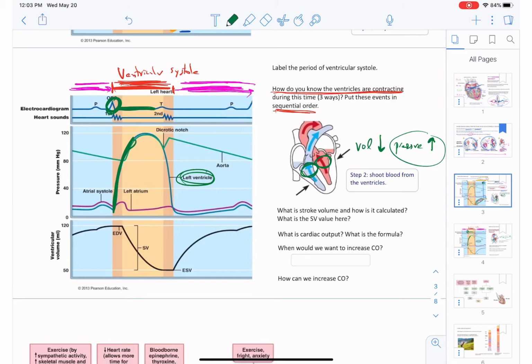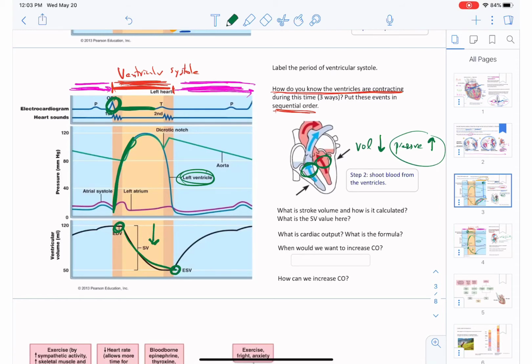So that's the second way that you know that the ventricles are contracting. And what's the third way? The third way you know the ventricles are contracting is because you have blood that's shooting out of the ventricles into their respective arteries. You have this huge drop in blood in the ventricles. So those are the 3 ways that you can tell.